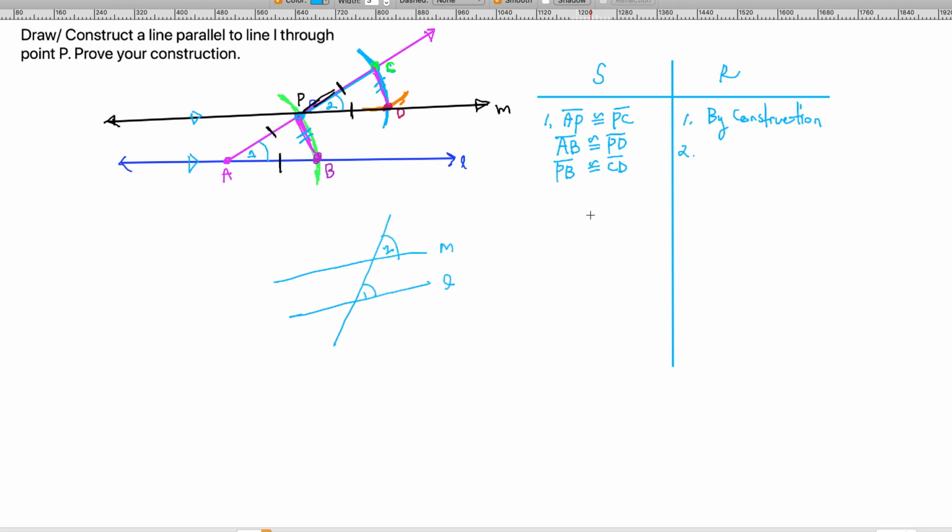Two. Now that means that I have 3 sides in this triangle congruent to 3 sides in this triangle, which means that the triangles are congruent. So that's my next statement. Triangle APB is congruent to triangle PCD, and that's by side, side, side.